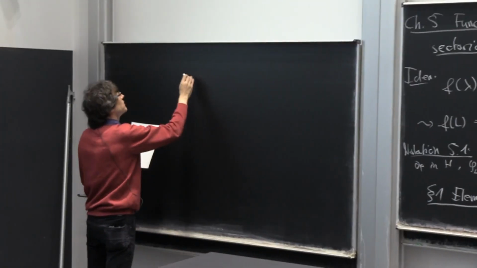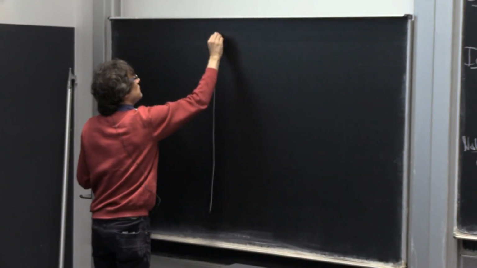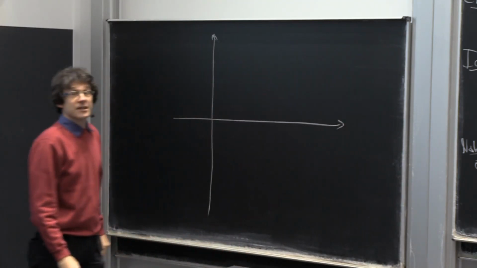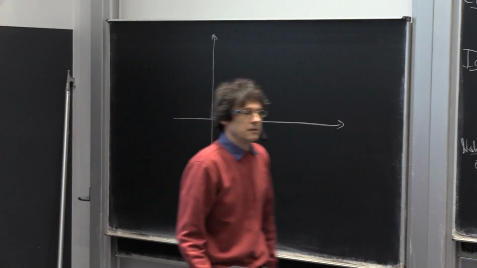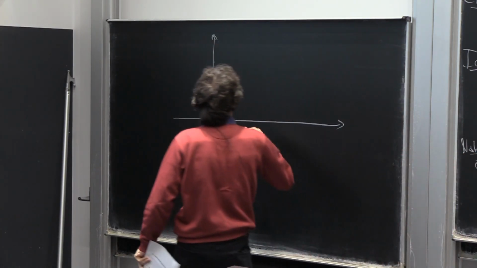So the general picture will be the following. We are in the complex plane. We have a sectorial operator, so our spectrum is in the right half plane and inside some sector.